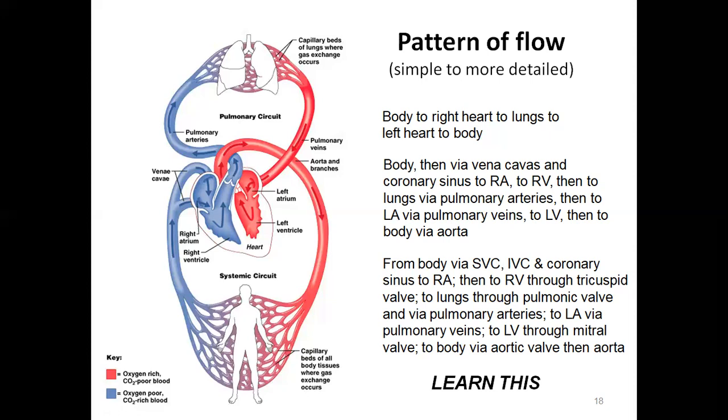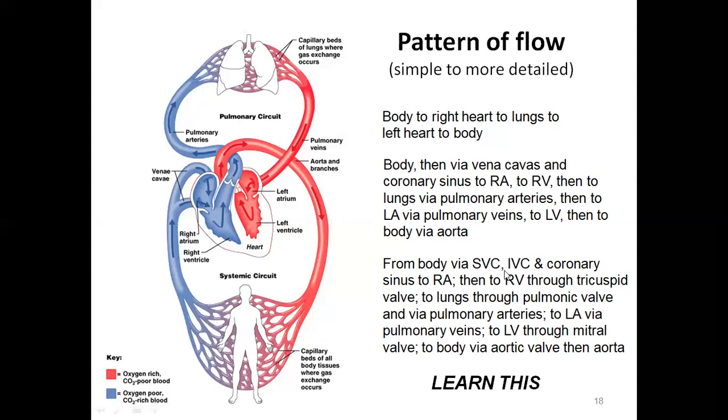Deoxygenated blood means the blood having CO2 that needs to be purified. From here, it goes to the left atrium through pulmonary veins. Pulmonary veins carry oxygenated or purified blood to the left ventricle and then to the body via aorta. So the aorta carries the whole purified blood to different parts of the body.